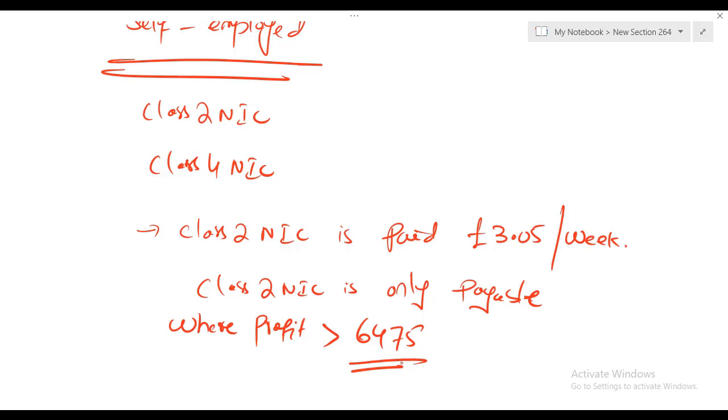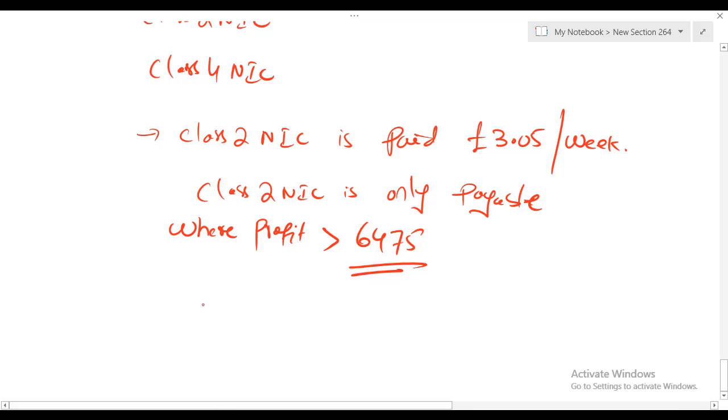If there is any loss, you have to deduct the loss. After deducting the loss, if the profit is more than 6,475, only in that case is class 2 NIC payable.